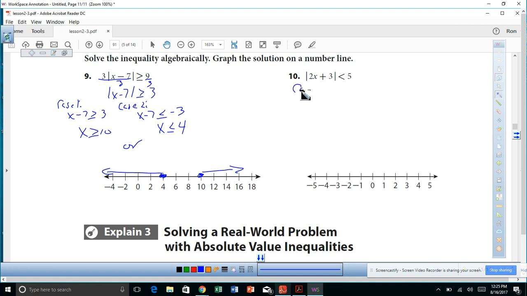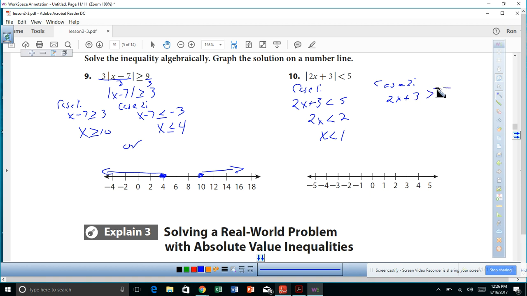So case 1, 2x plus 3 is less than 5, and case 2, 2x plus 3 is greater than 5. So we're going to subtract 3 from both sides, and we got 2x is less than 2, right? 5 minus 3 is 2. Divide both sides by 2, and you got less than 1. Now, what about this over here?